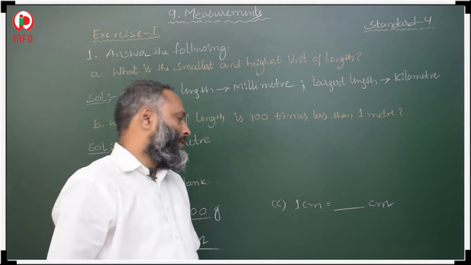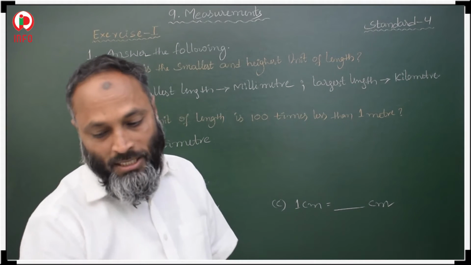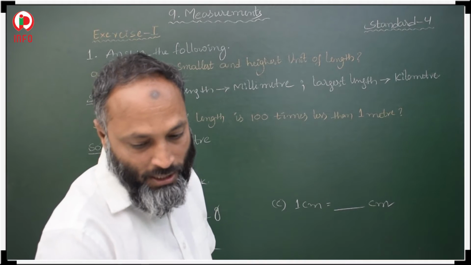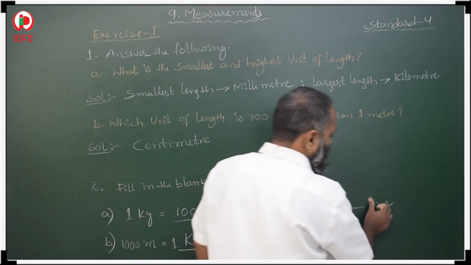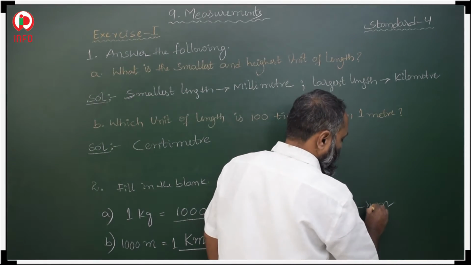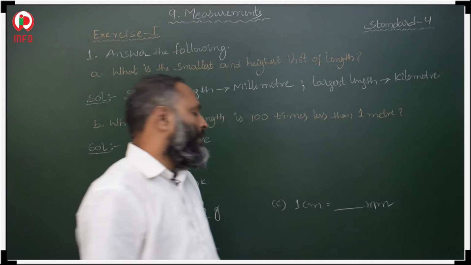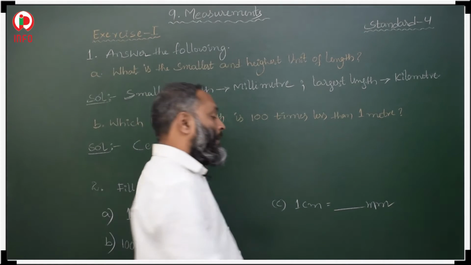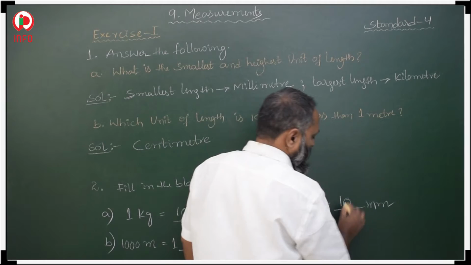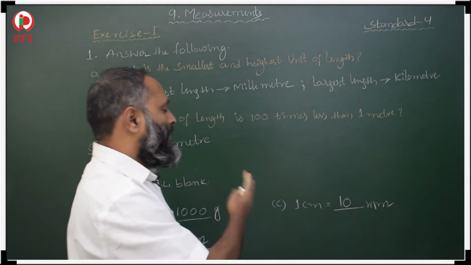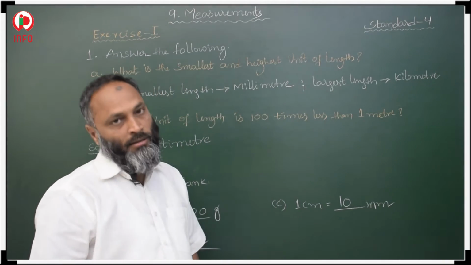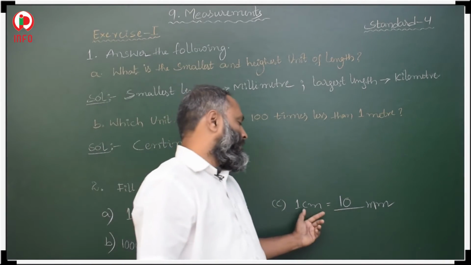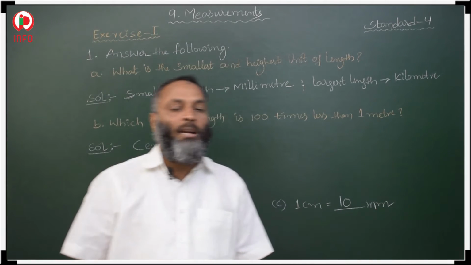The next bit: 1 centimeter is equal to how many millimeters? 10 millimeters. 10 millimeters is equal to 1 centimeter.